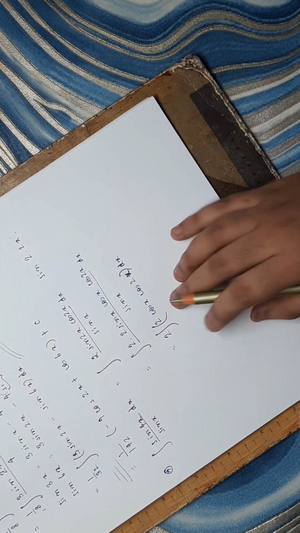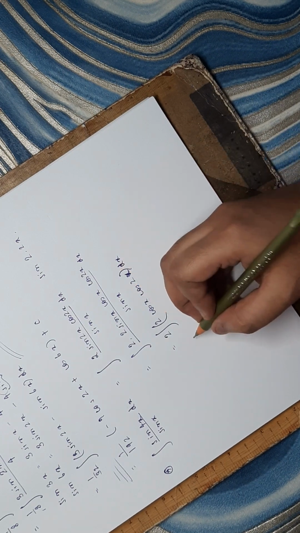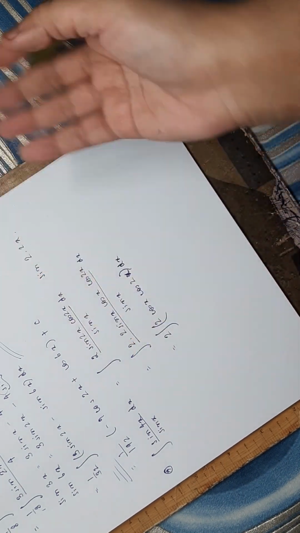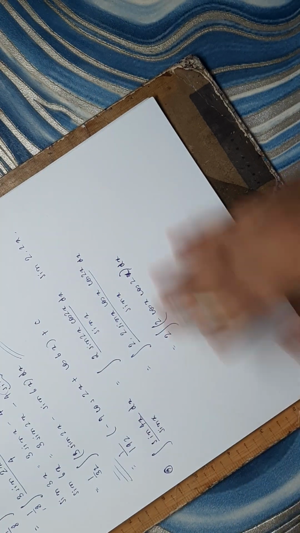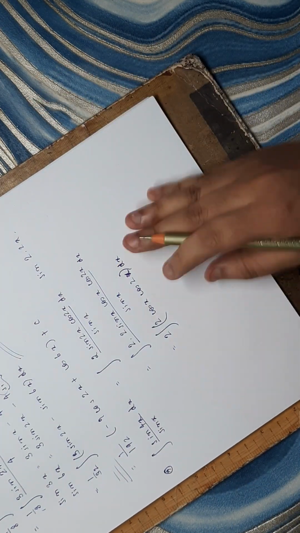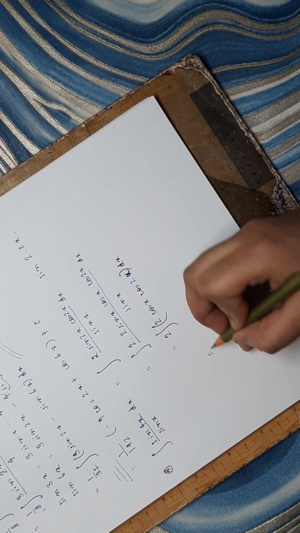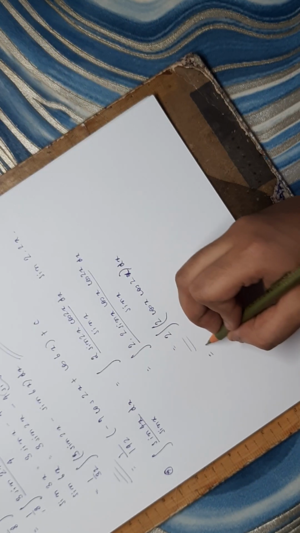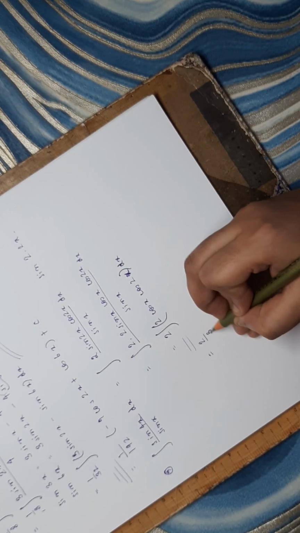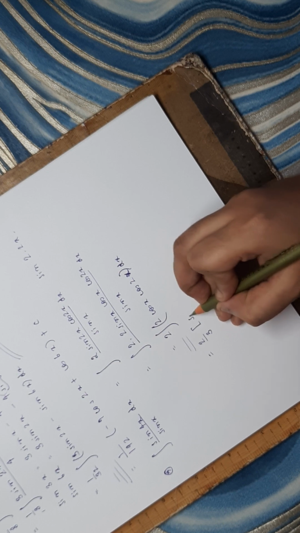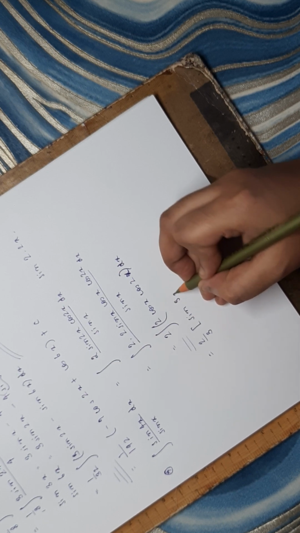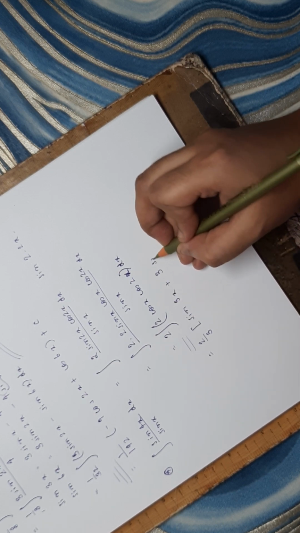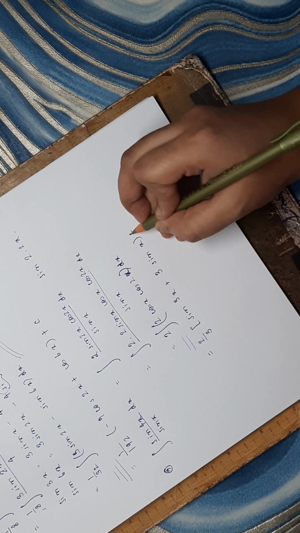So again that 2 cos A cos B format, you solve it by yourself. It is a very easy problem, and the answer that you will finally get after solving is nothing but 2 by 3 sine 3x plus 3 sine x plus c.